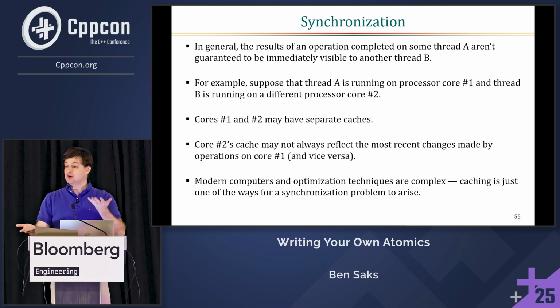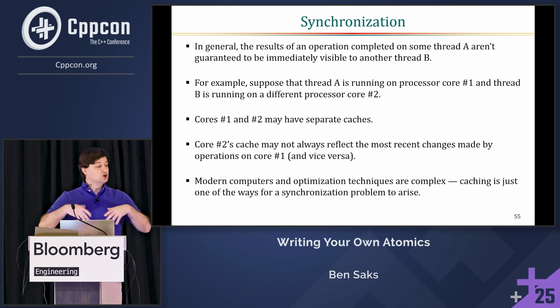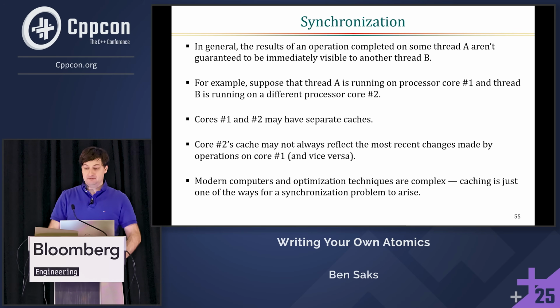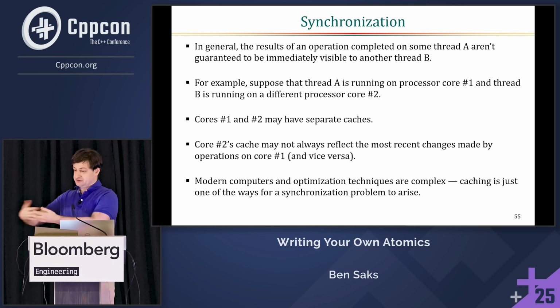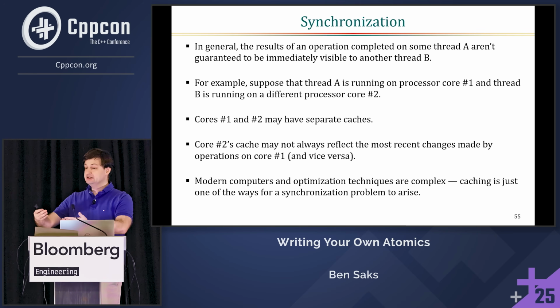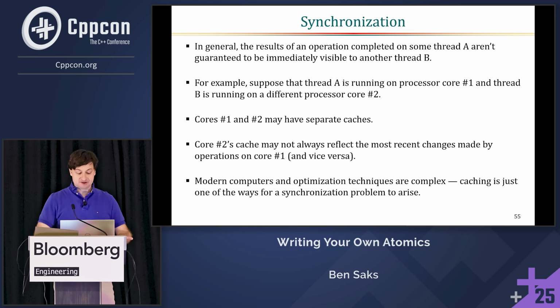And there are lots of reasons that this could happen, but just to pick one example, A and B could be running on different cores. A could be running on core 1, B could be running on core 2. Depending on your architecture, core 1 and core 2 might have different caches, and it might be that just because an operation has been performed on thread A, on core 1, core 2's cache may not have been updated to reflect the changes made by the other core.